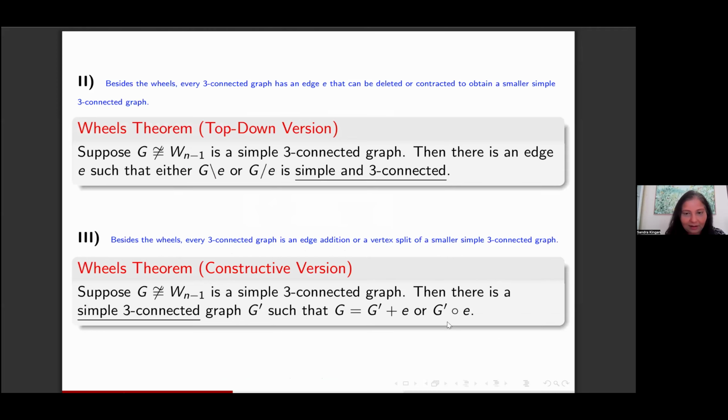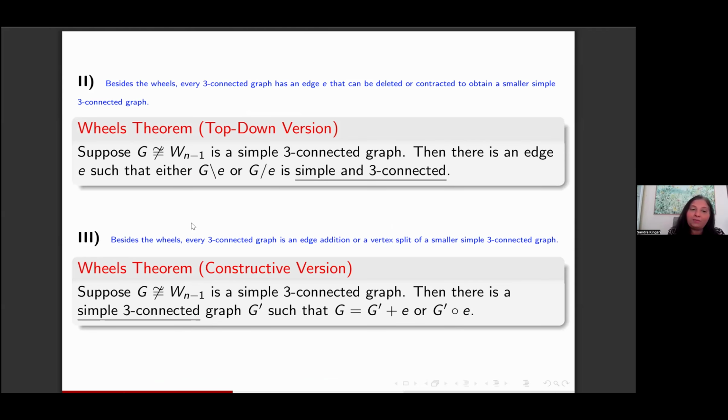Okay, let's quickly get to the next one. The top-down version. Suppose G is not a wheel, then there is an edge E such that either G delete E or G contract E is simple and 3 connected, all right?